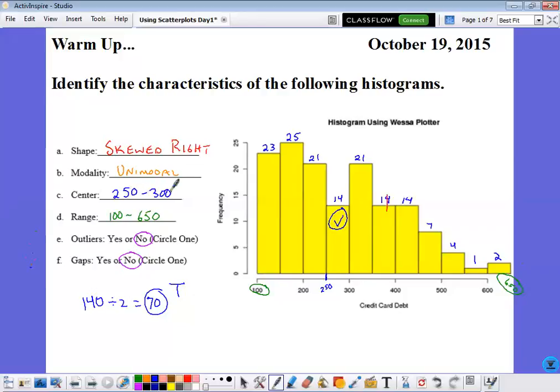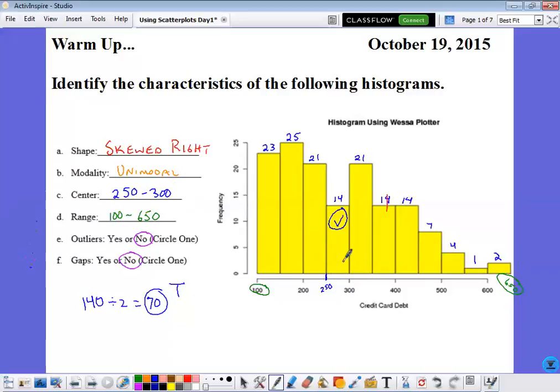Now, last thing I'm going to mention. When we talk about these ranges, in the past, when we talk about our histogram, we've talked about these dots representing the beginning point of the column, which is accurate, which means that technically this 200 is the beginning of this column. It's not the end of the previous one. So I could see where people would make an argument that this 300 should not be included in the range for our center.